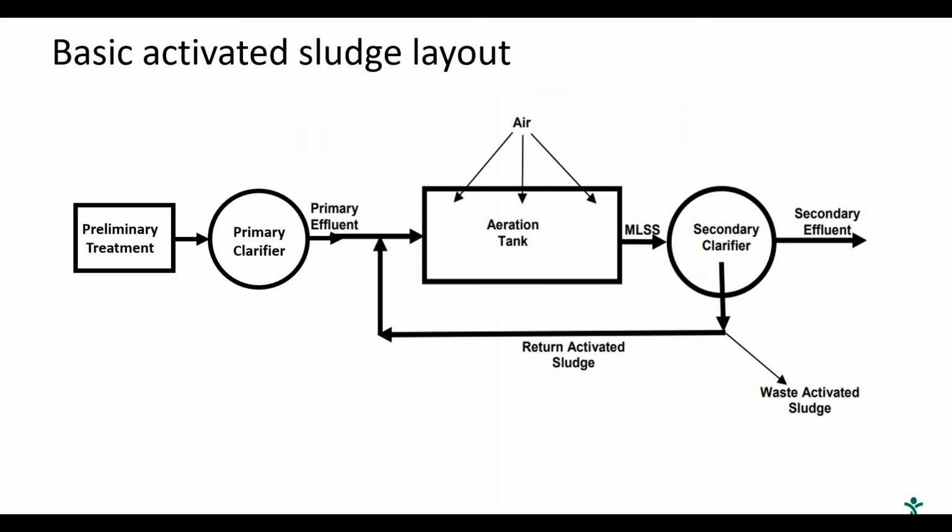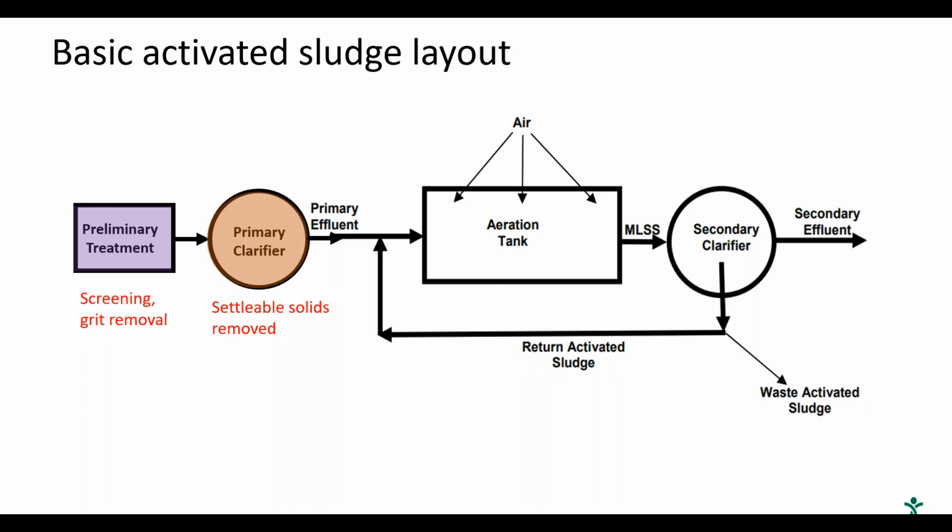If we look at an overall general layout of a wastewater treatment plant with activated sludge, we have our preliminary treatment, which removes screenings, rags and solid floating objects and gets rid of grit. But we enter treatment first in the primary clarifier. What does primary clarification do? Well, it allows the solids that are already ready to be settled to the bottom of the clarifier and removed.